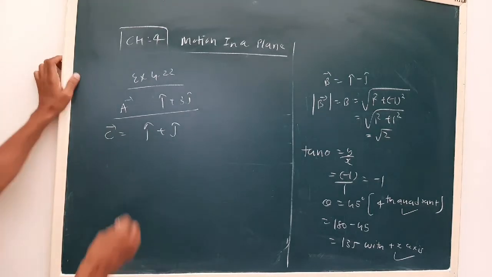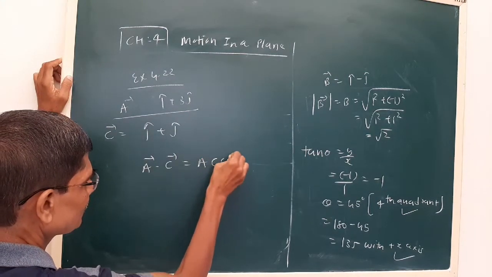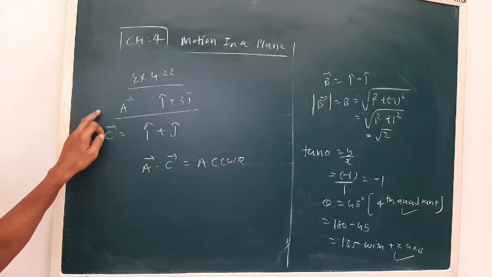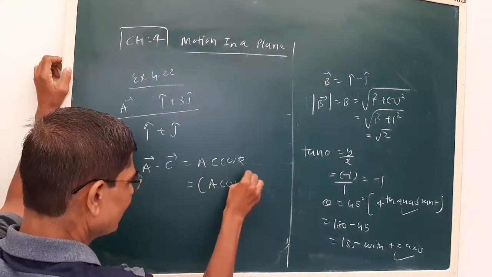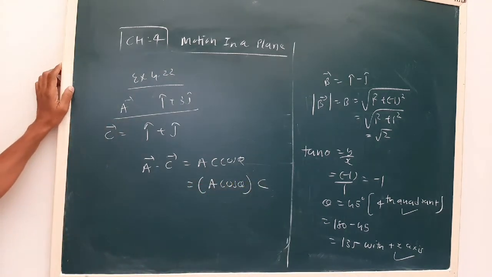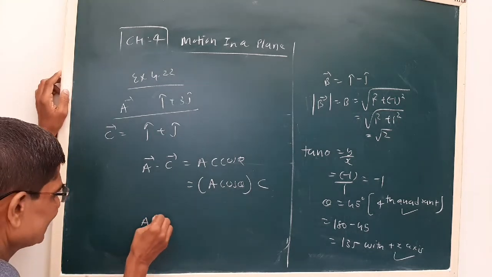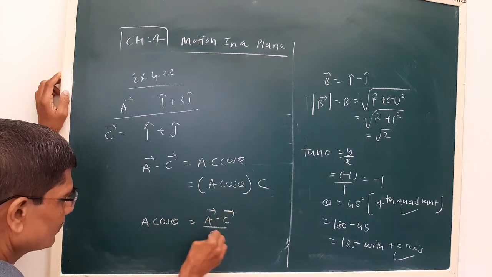So here, suppose A dot C is AC cos theta. Here the component of A in the direction of C is A cos theta by the definition. So I can write, just rearranging the terms, this A cos theta will become A dot C upon C.